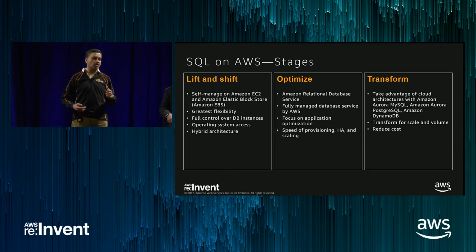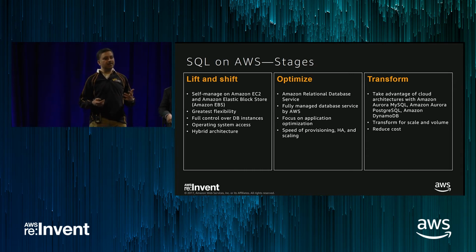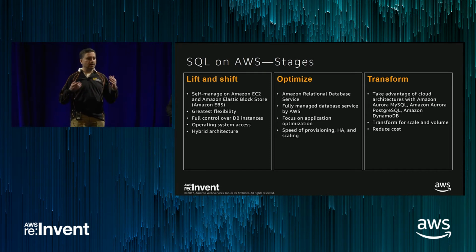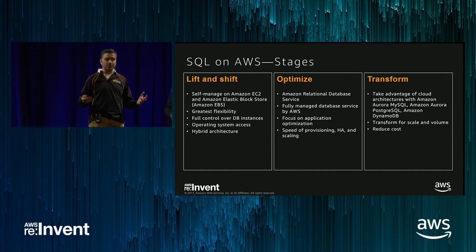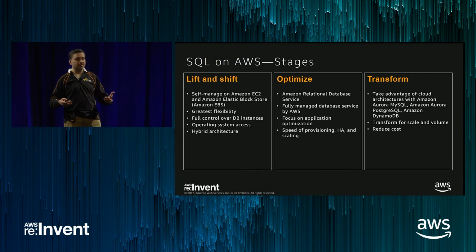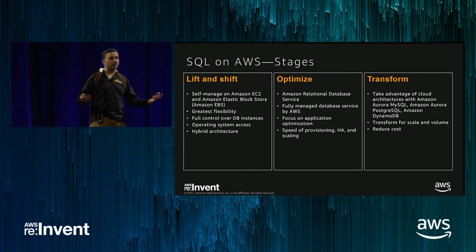For example, Amazon Aurora MySQL and Amazon Aurora Postgres are all built natively for the cloud, although they use the underlying MySQL binary code and Postgres as well. But Amazon Aurora was completely built for the cloud, which means it can take advantage of the scale and the distributed architecture of the AWS platform that allows you to scale at a lower cost and also move away from some of the licensing that's involved with commercial database engines.